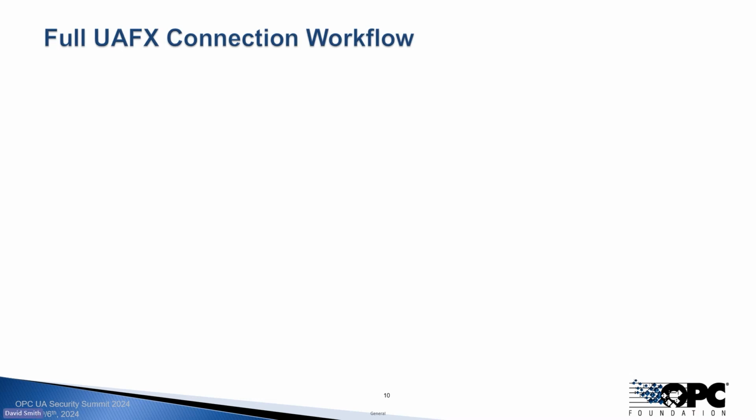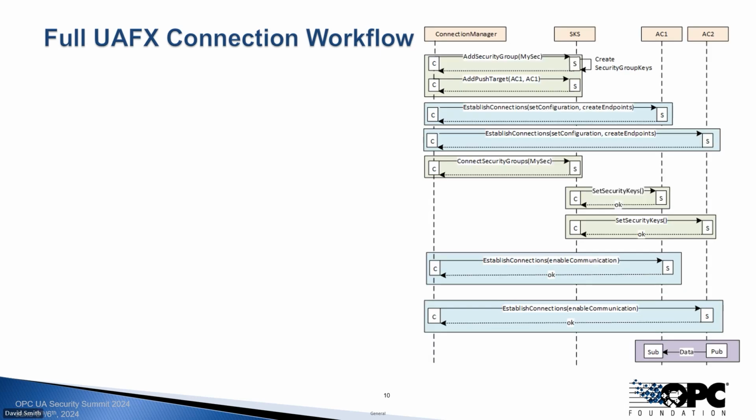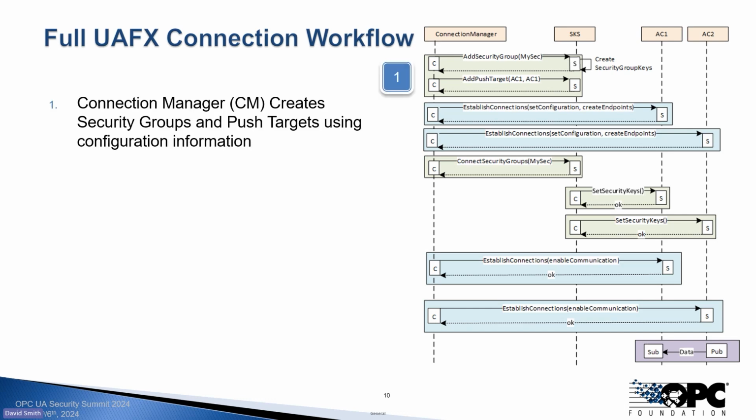So the full UAFX workflow. We have our connection manager, as we mentioned before. Now we have the security methods layered on top, or integrated, I should say. The first thing that we do with the connection manager is it actually contacts the security key service, and it creates the security groups and the push target information for the end devices.